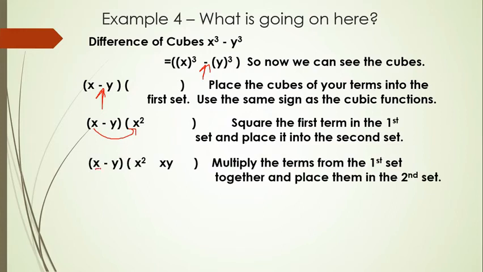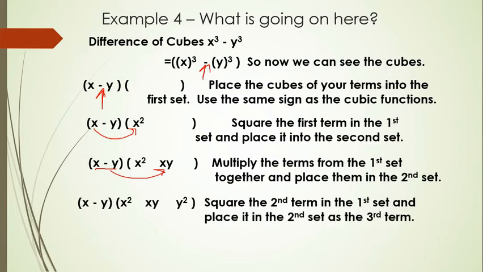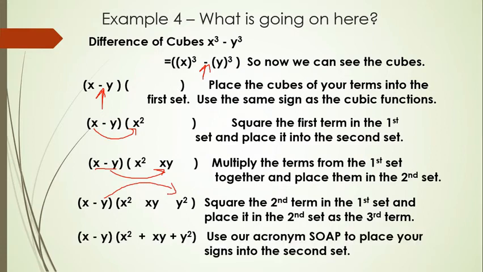Multiply the terms of the first set together and place them in the second set as the second term. Square the second term in the first set and place it in the second set as the third term. Use the acronym SOAP to place your signs into the second set. SOAP stands for same, opposite sign, always positive.